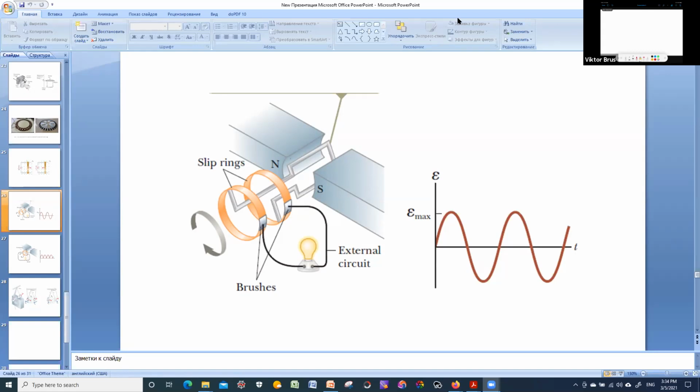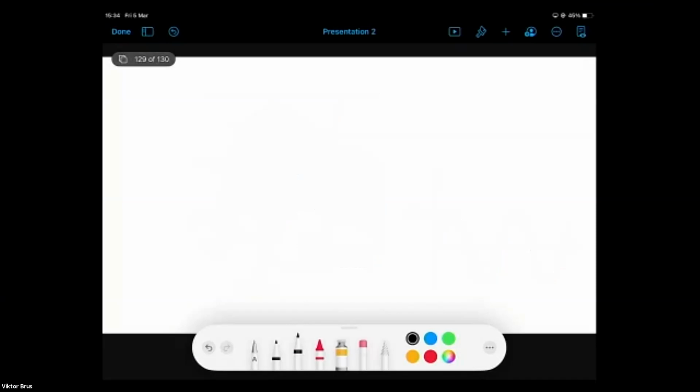So let us come back to our slide where we can write something. In such a system, when we have a frame rotating in a constant magnetic field, the flux can be represented as the product of the constant, uniform magnetic field B, times the area A of this frame, times cosine theta.